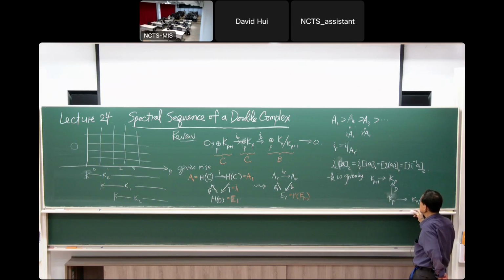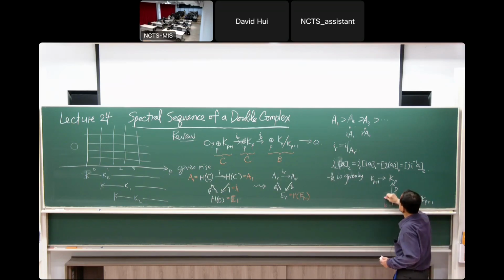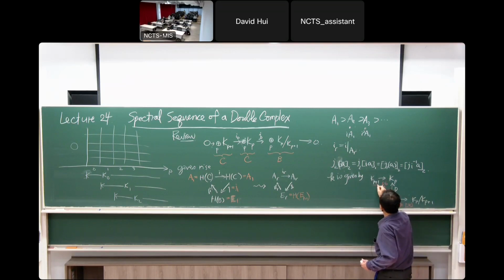Okay, so if you start with a class here, b, it comes from an element b, and then you take db, and this is an injection, and so db has to come from a db here, right?